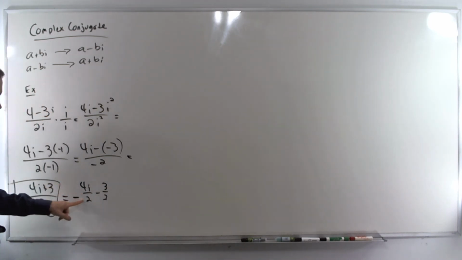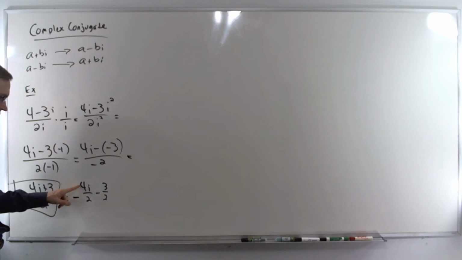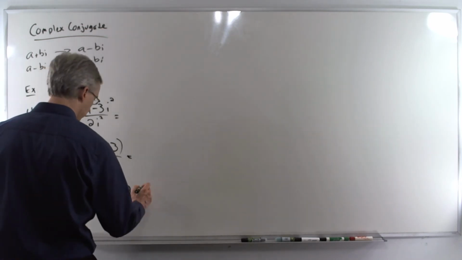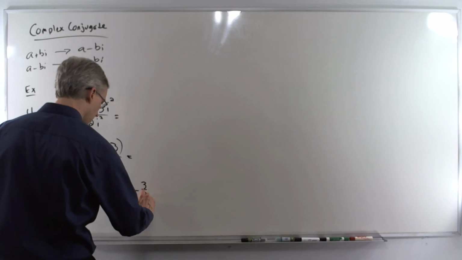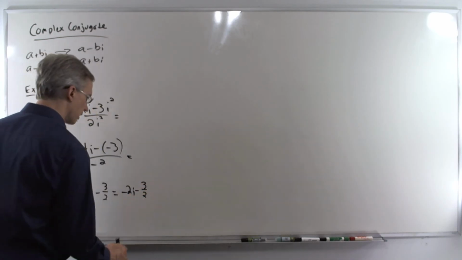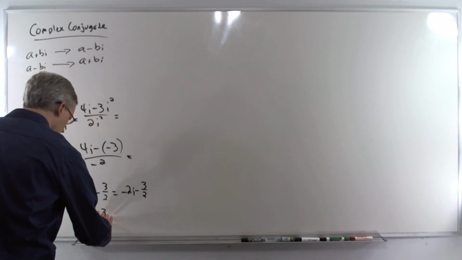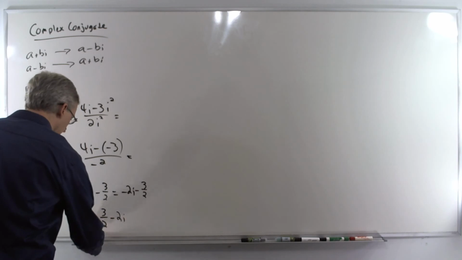Now we can simplify this part into negative 2i, minus 3 halves. Now here's the real part, so we're going to write that first if we want to put it in standard form. So that's negative 3 halves minus 2i.